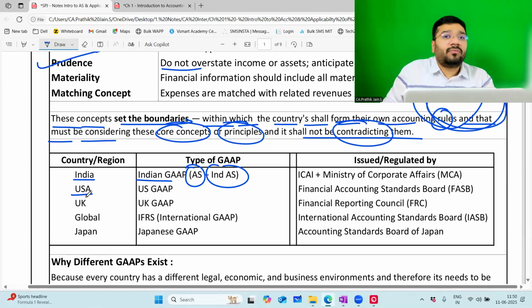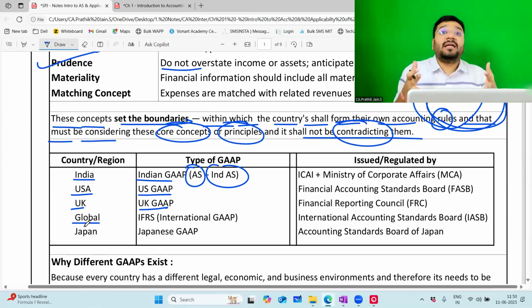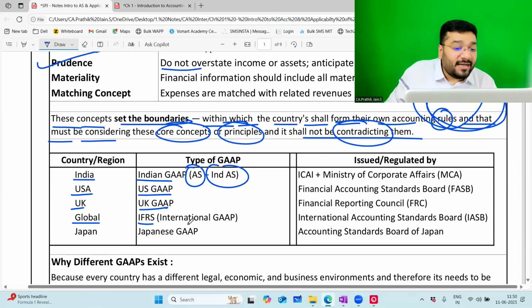USA does not follow Ind AS or AS. They follow something separate called US GAAP. IFRS also they don't follow. IFRS is not followed by the US. USA has got its own US GAAP. UK has got UK GAAP. At the global level, there are some countries, multiple countries together, who said that we will follow IFRS, the international GAAP.